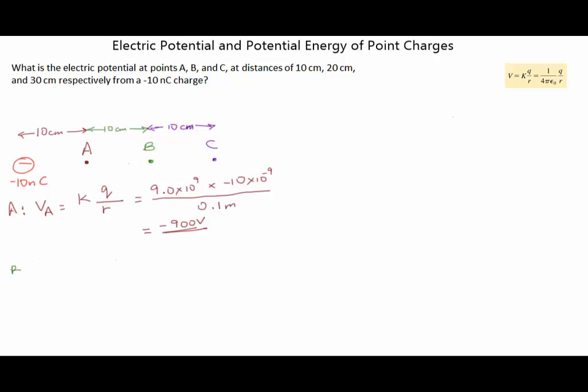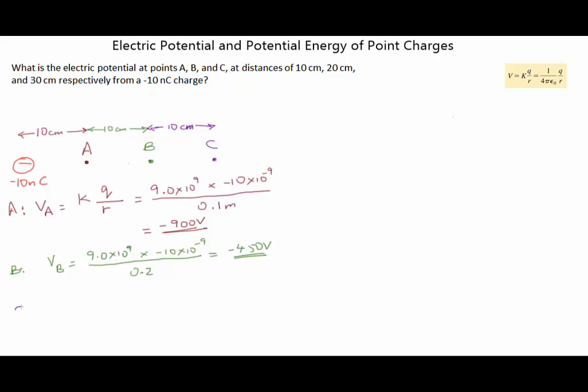For B, it's basically the same process. It's still 9.0 times 10 to the 9 for the constant K. It's still the same charge, so negative 10 times 10 to the negative 9 to convert it to coulombs. And then the distance of point B from the charge is 20 centimeters. So that would be 0.2 meters, and that'll give me minus 450 volts.